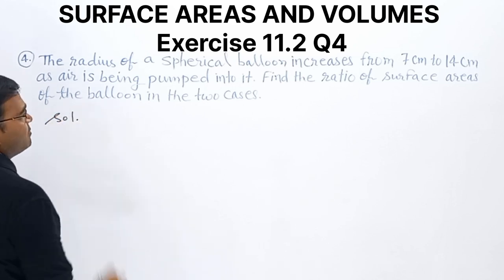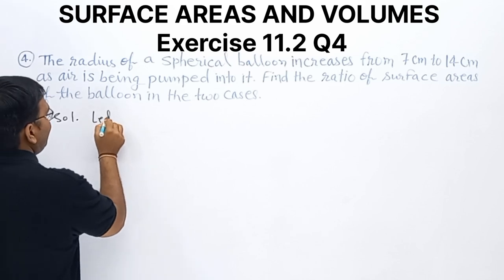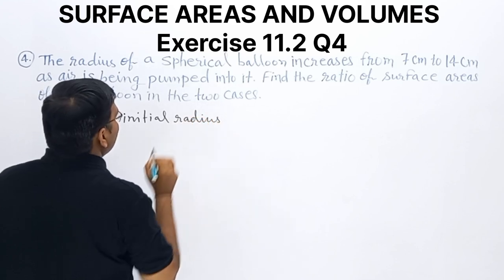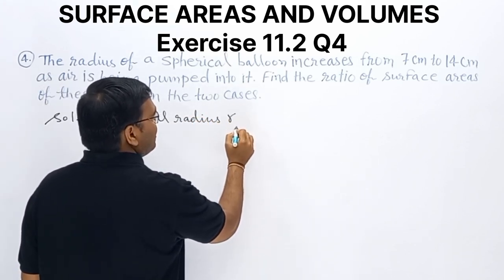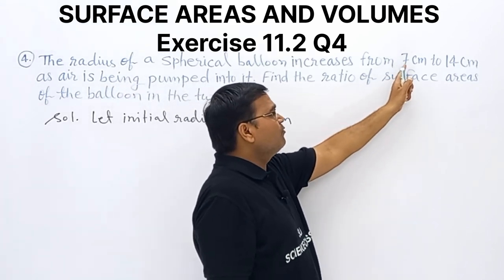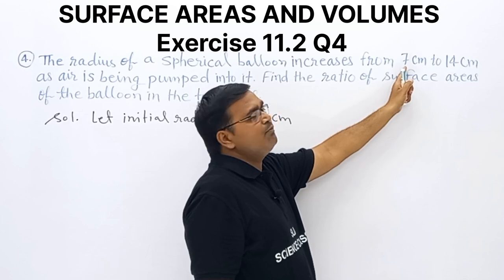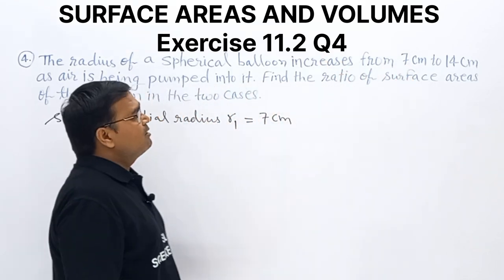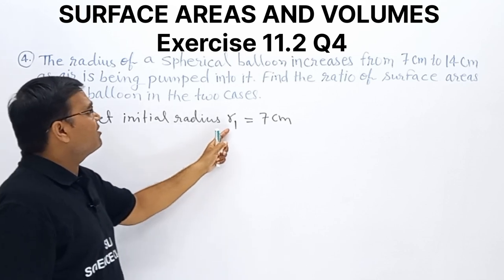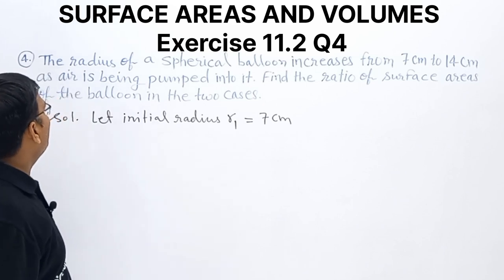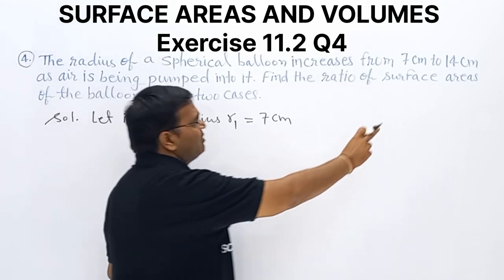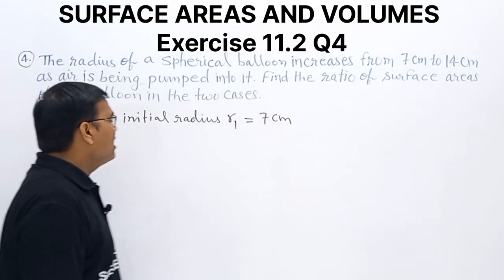Let the initial radius R1 equal 7 centimeter. Initially, without pumped air, we have a spherical balloon of radius 7 centimeter. Now we pump air, then the radius is increased to 14 centimeter.